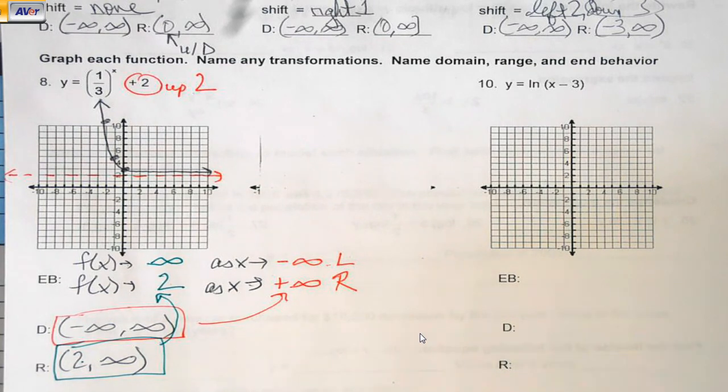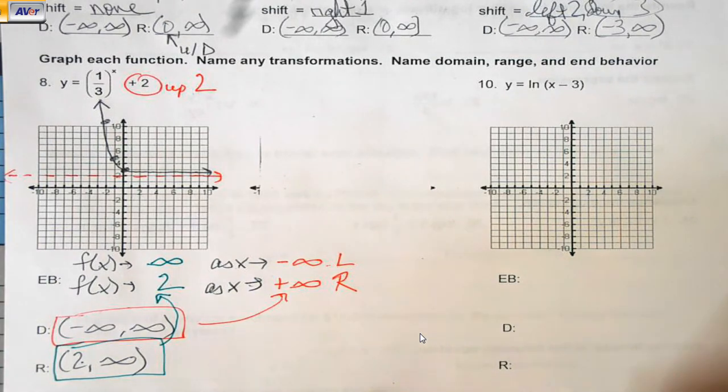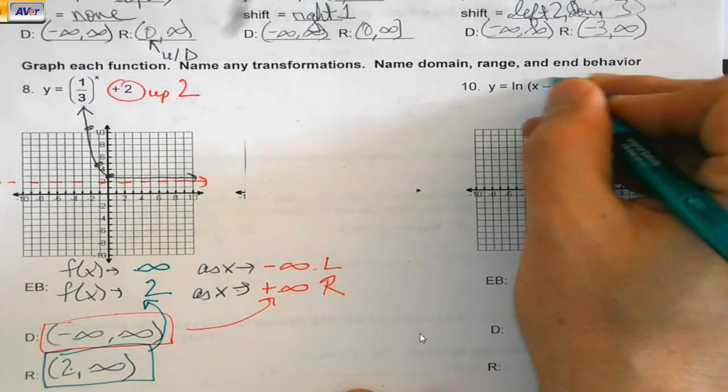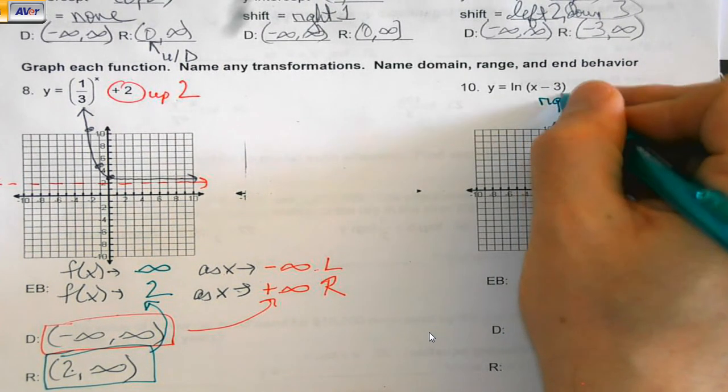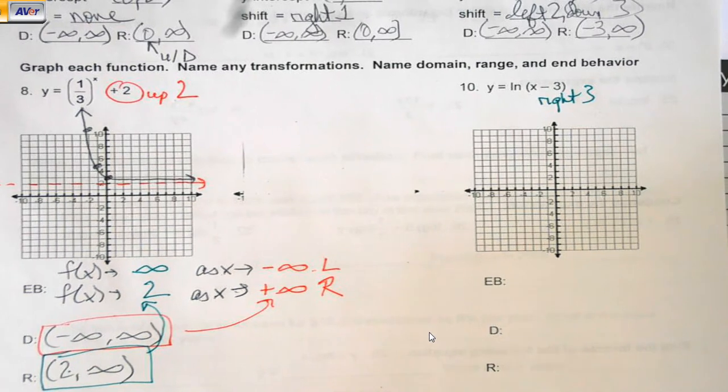We make the connections with domain in x and range in my f of x, which is a fancy way of saying y. But when I get to the next one, oh, I threw the twist in. You're like, wait, we haven't done these with ln. Natural log and log work the same way. So my first thing I look at is the shift. Inside the parentheses is my left, right. So this is a shift of right 3.